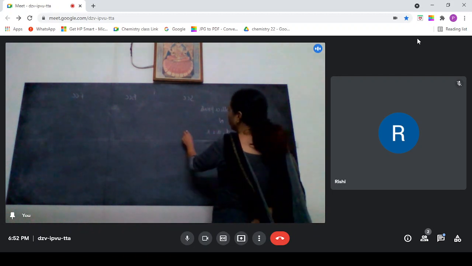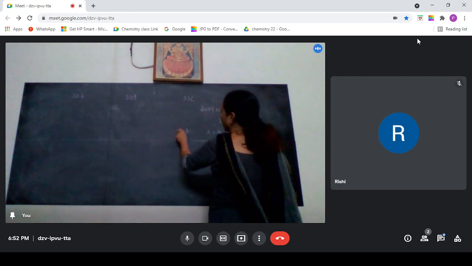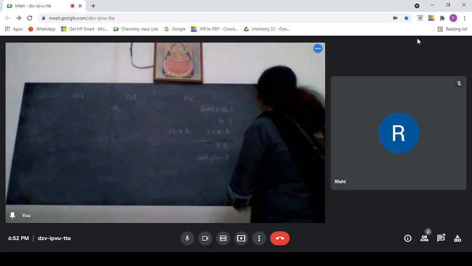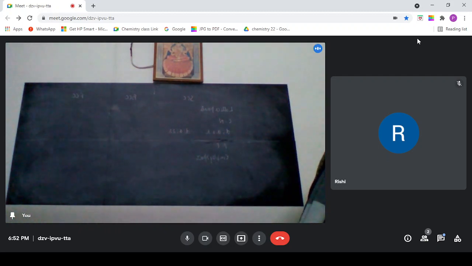So in simple cube, D equal to A equal to 2R.